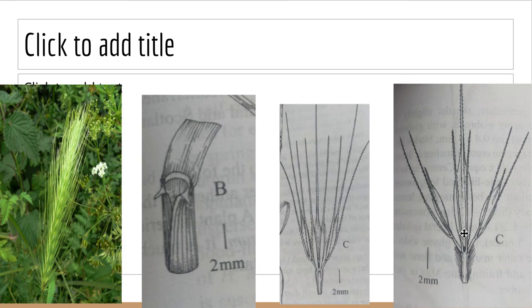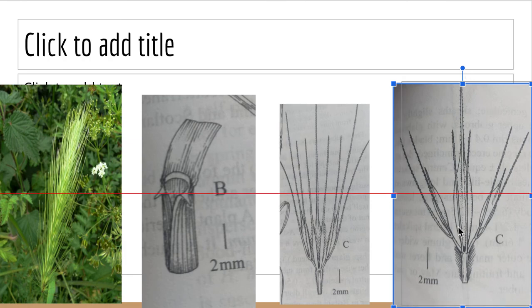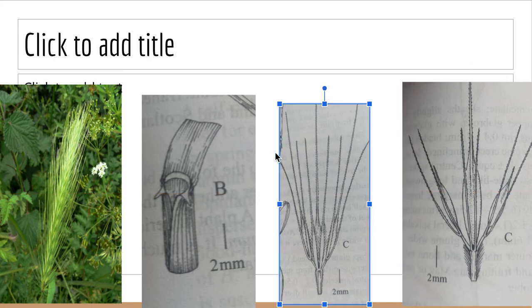This is the other version of the spikelet, and this is the actual spikelet for this certain grass. It's very compact with long awns. And there's a picture of the inflorescence right here. It's wall barley, or Hordeum murinum.